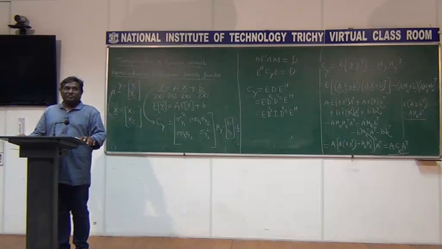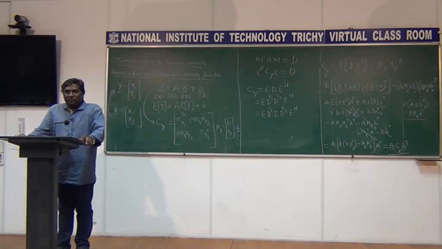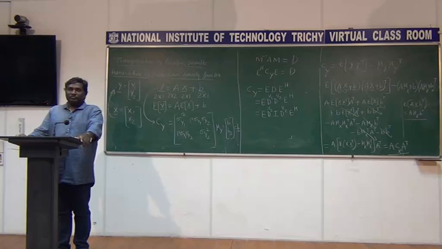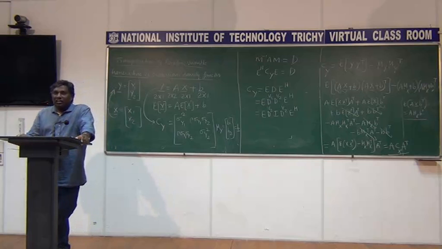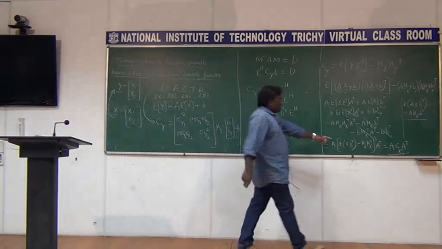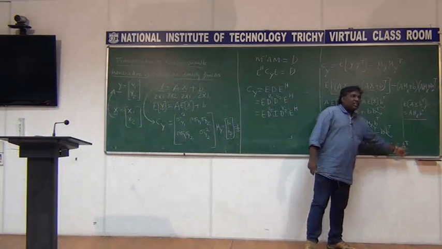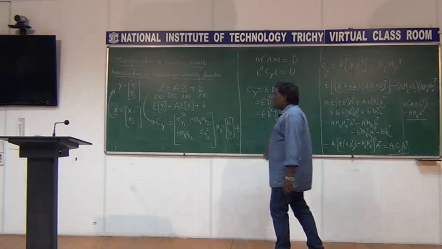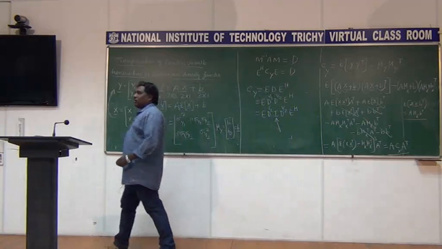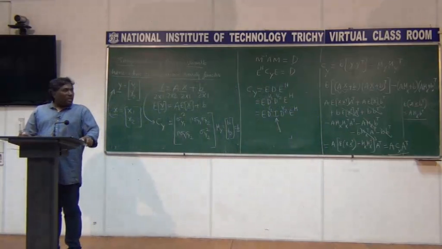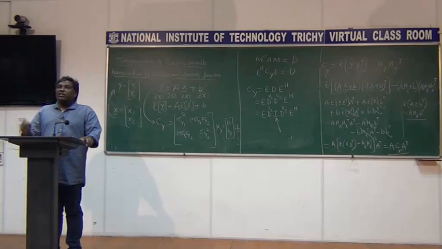E D power of half. You see that? Cy is A Cx A transpose, and Cx is your identity matrix. So A is simply E D power of half. That's it.